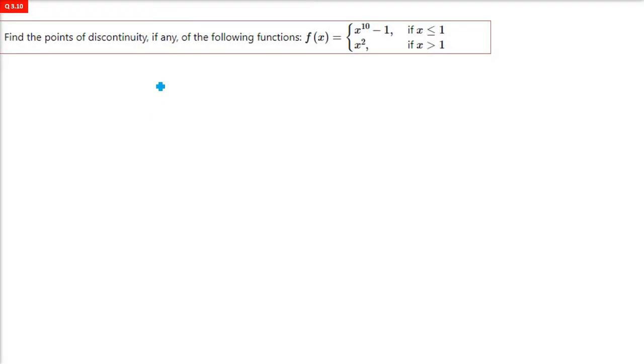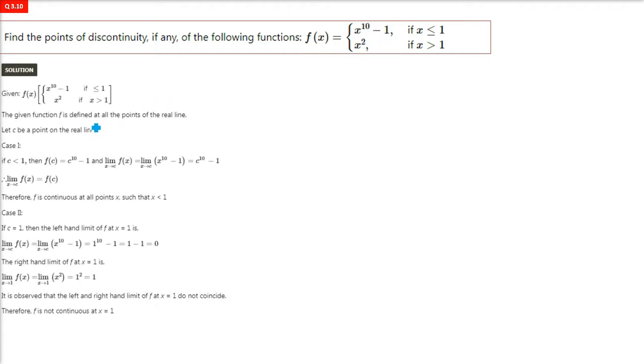Find the points of discontinuity, if any, of the following functions. So f(x) is this. First of all, you have to write all these. X to the power 10 minus 1: x to the power 10 is a function which is continuous. Then 1 is continuous, x square is continuous. There are certain ways also, as you see on the left hand side I have shown you.